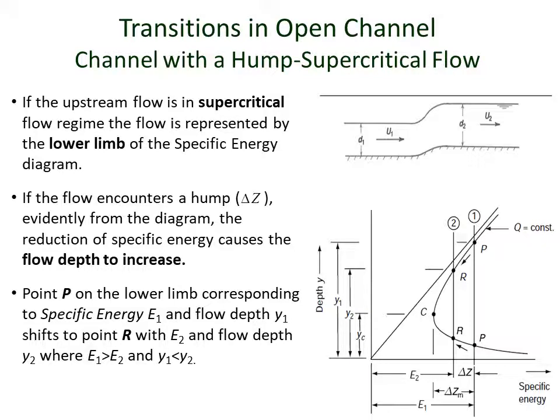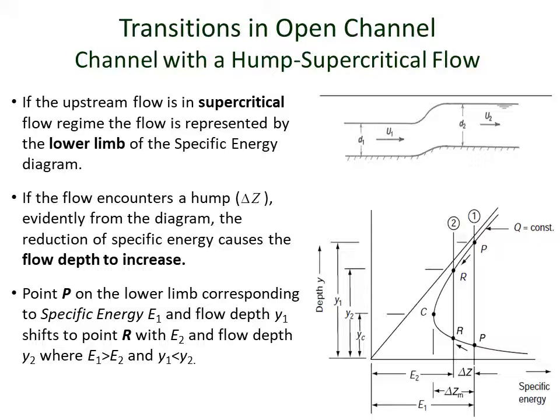Now, so far we have discussed subcritical flows. What if the upstream flow is in the supercritical flow regime? The supercritical flow, as you can see in the specific energy diagram at the bottom, is represented by the lower limb of the specific energy diagram.